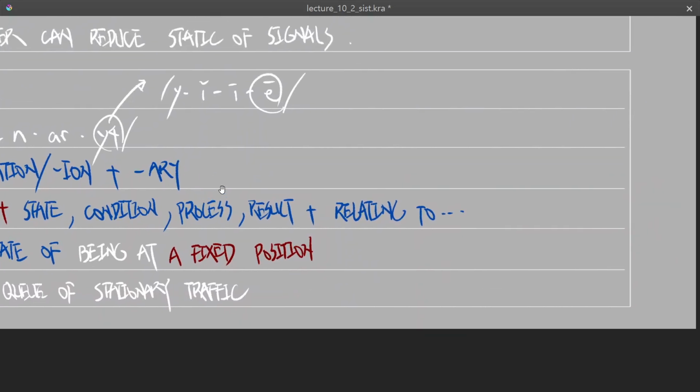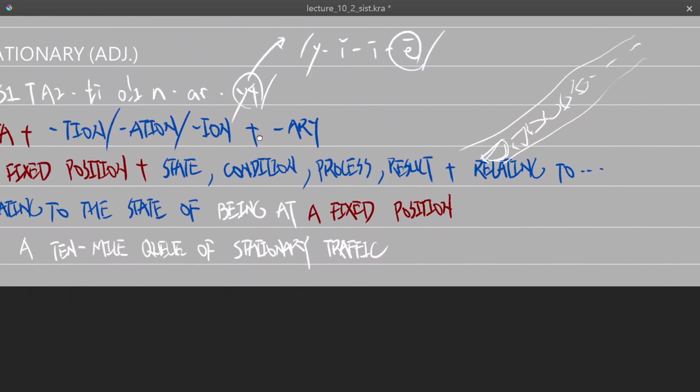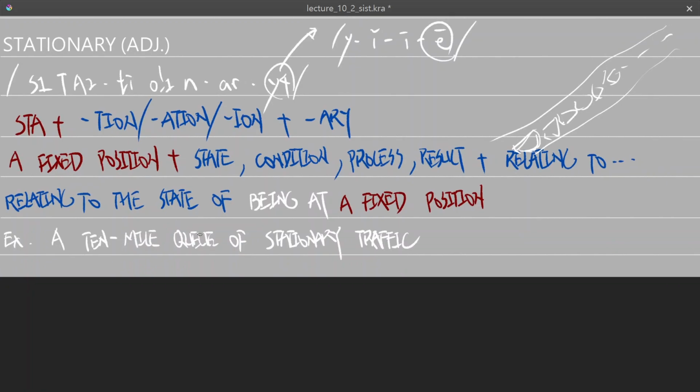So just imagine we have the road stockpiled with many cars. So the 10-mile queue of stationary traffic.